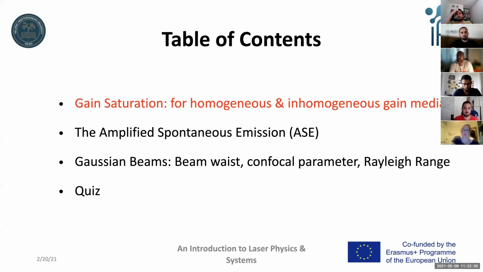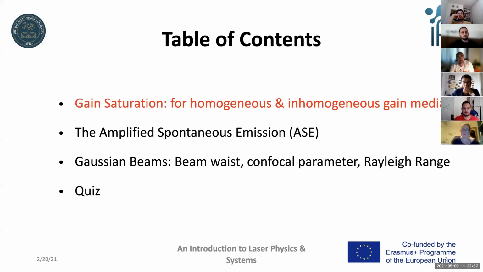This means that molecules with different velocities have different central frequencies, so they will interact with the respective laser or photon frequencies. So these are the inhomogeneous media. They have molecules with different central frequencies, which means that they will interact at different frequencies. So we have something to distinguish. These are the inhomogeneous ones.